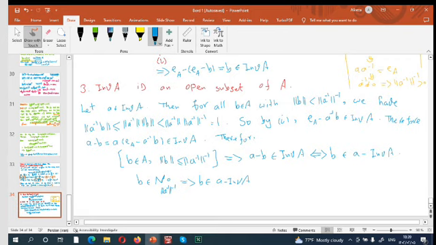And this shows that this ball is a subset of this set, and this is a subset of the invertible elements of A. Or let me write this.